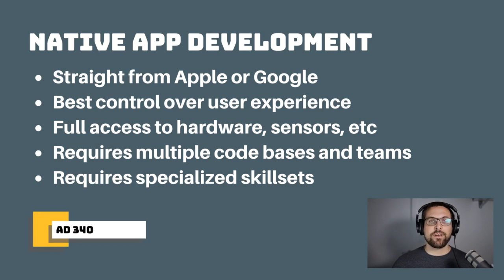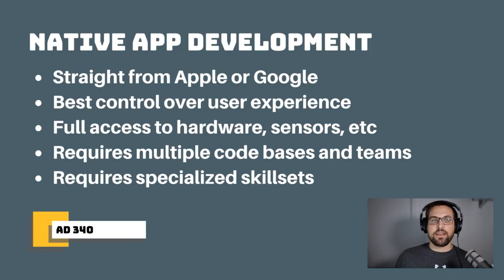And many apps follow very similar visual guidelines, and there are common interactions. Those are all things that you expect from a native experience. Native applications also tend to give you the best access to hardware, to sensors, to APIs. They bring you the closest you can get down to the hardware level, so you have full control over what the device can do. So these are all good things.